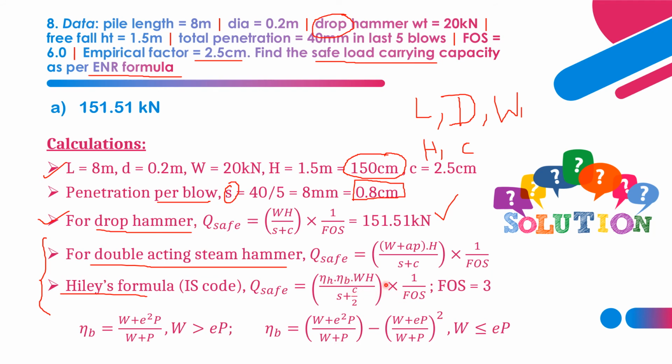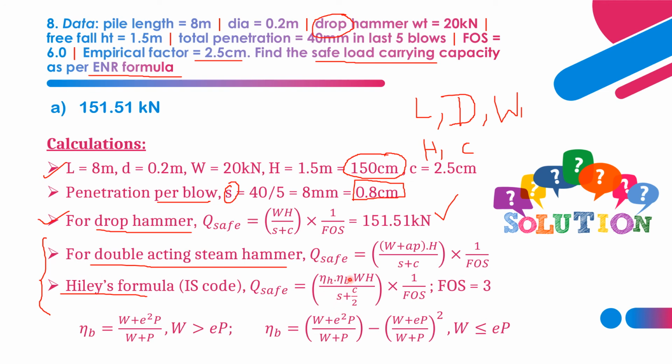So eta H, eta B, WH by (S plus C by 2), into 1 by FOS. Here FOS is given as 3. In the drop hammer and steam hammer formulas, FOS can be 6. In case of Hiley's formula, or we can say the IS code formula, FOS is adopted as 3.